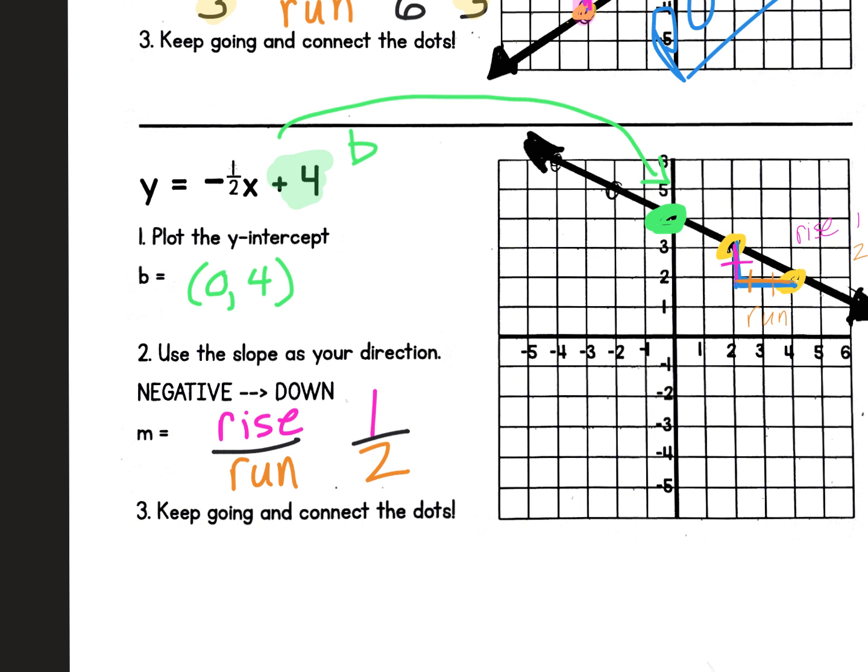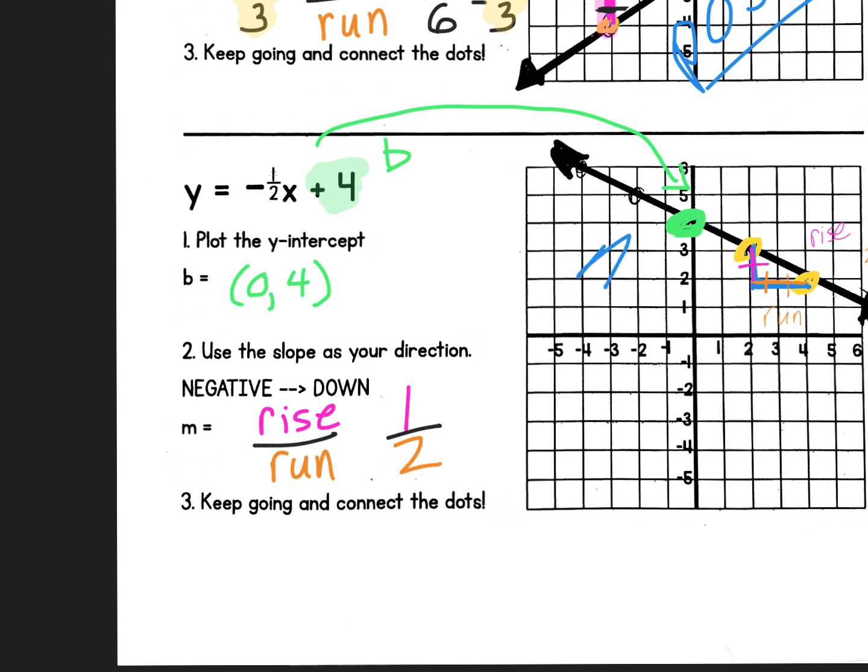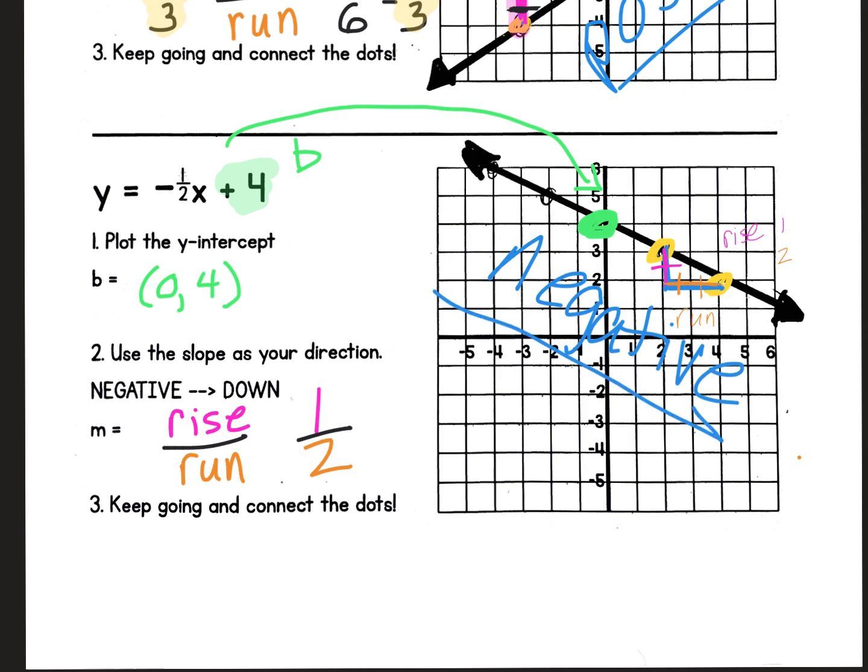But you're going to notice that this graph now is going in a negative direction because it's going down. So that's going to be a -1/2, which you can see right there in the equation. So the slope for this line is -1/2, and the y-intercept is a +4.